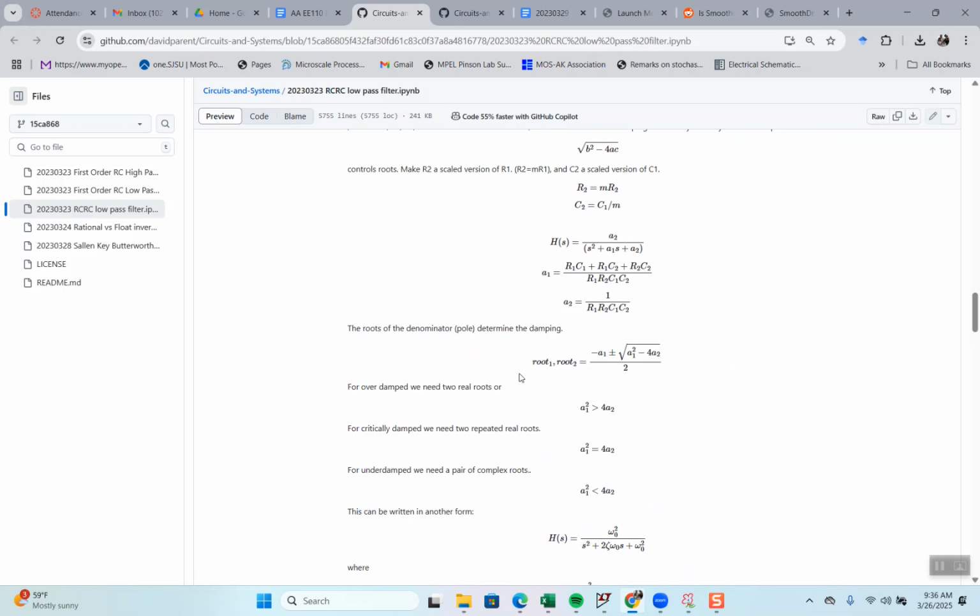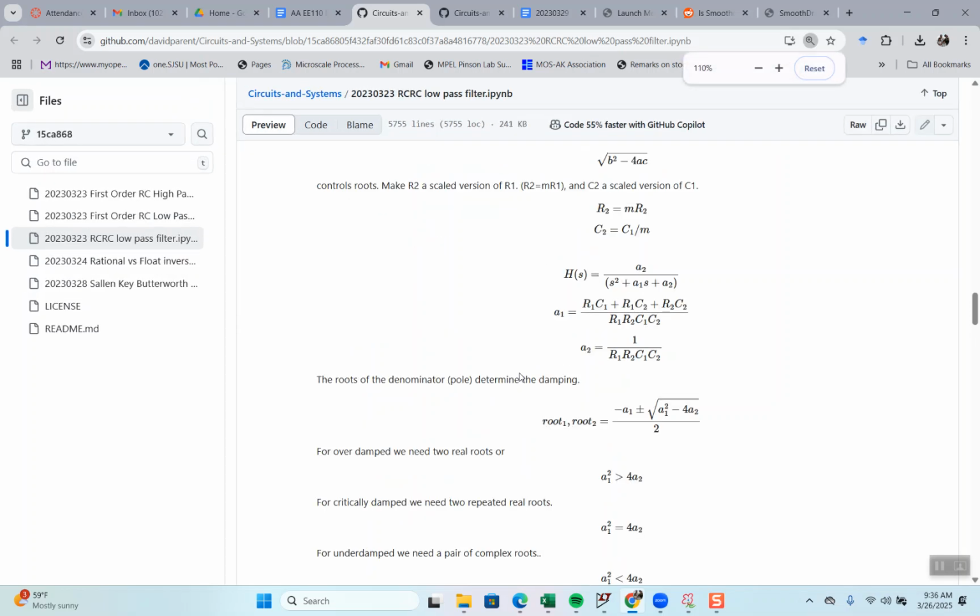Okay. Let me just zoom in here. So the transfer function is this, right? But A1 is that. And A2 is this.